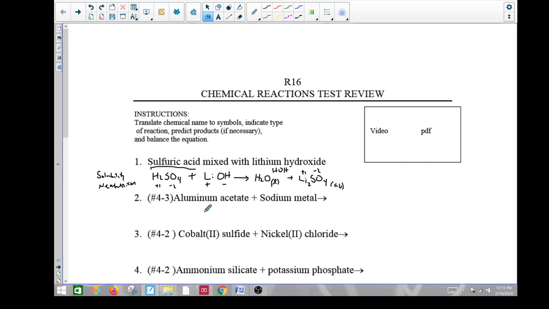Alright, aluminum acetate. We got Al(C2H3O2)3, plus sodium metal. Right away I can say that this guy has no charge. Ionic compound, this is looking like a redox reaction.